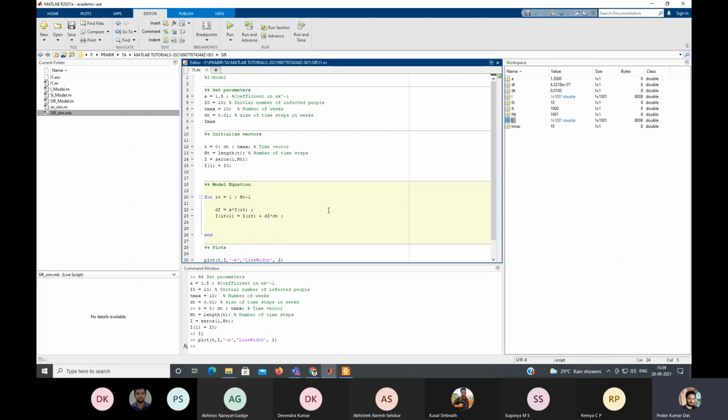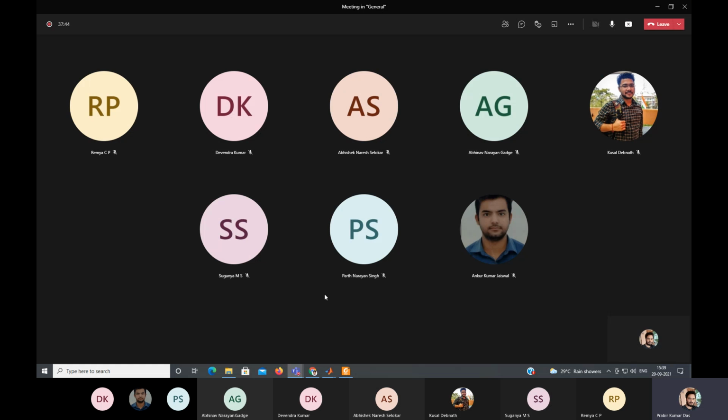We are actually calculating the different values of I for the different values of t. T here has 101 points. So for each point, we are calculating what should be our value for I, and it is getting accumulated. You get it? Yes, sir. Okay.